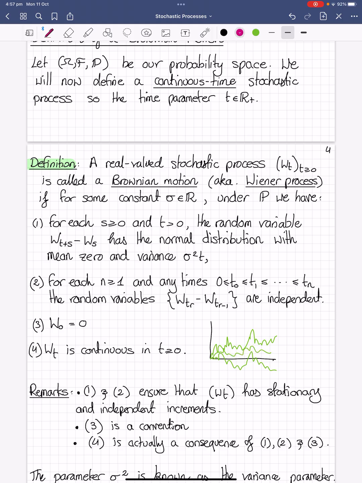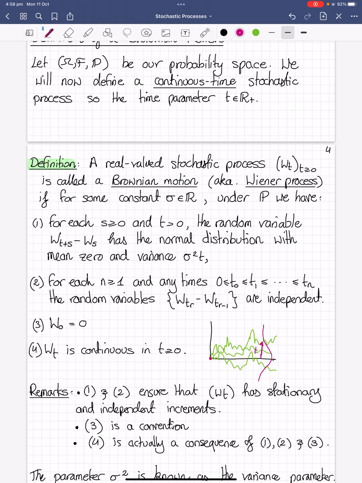I'm drawing it this way because the process starts at 0, and as you move further away from 0, the distribution of the paths is going to be related to t.